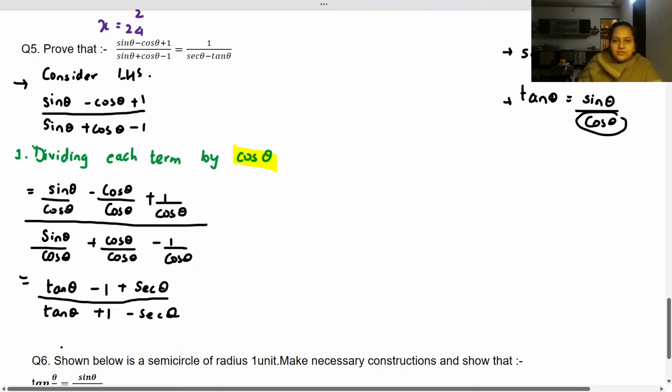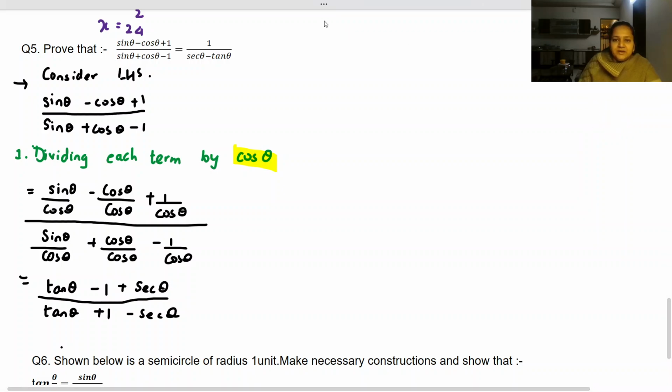For the second step, what are we going to do? I hope everyone has understood why we've divided by cos. Second step: we rearrange this and bring 1 as the last term.